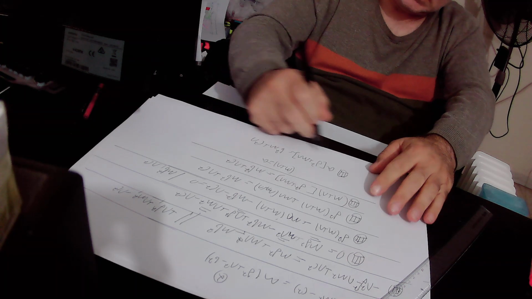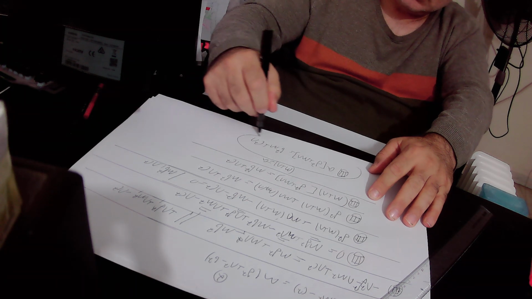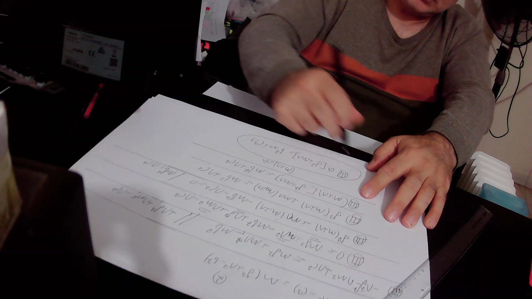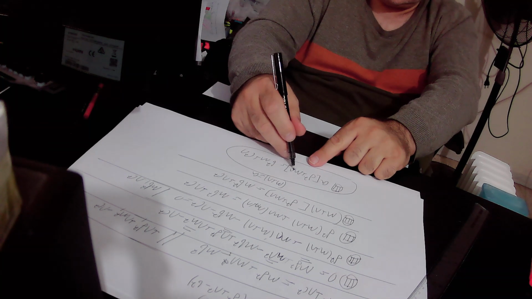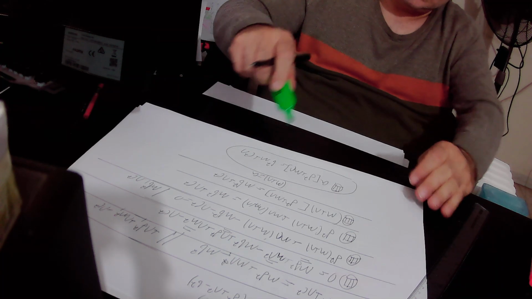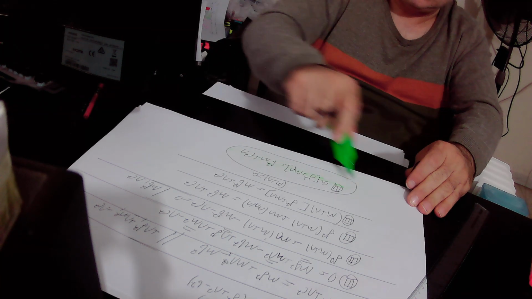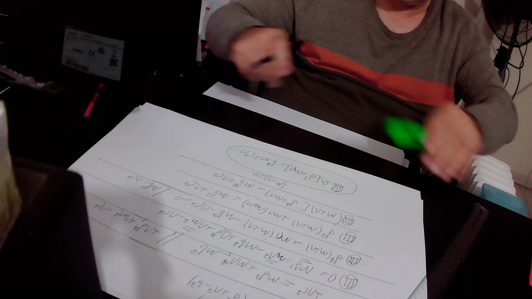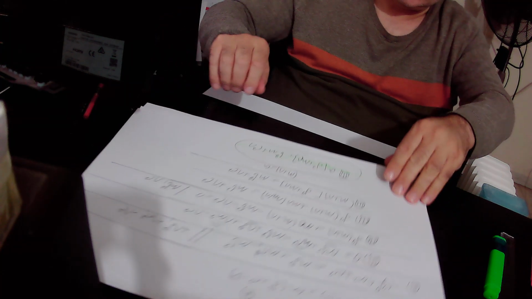This is exactly the equation of Stewart's theorem: a times d squared plus mn equals b squared m plus c squared n. So we proved that Stewart's theorem is true according to the second method.